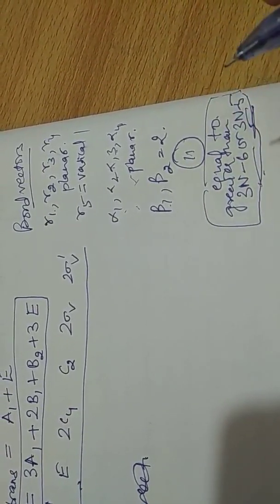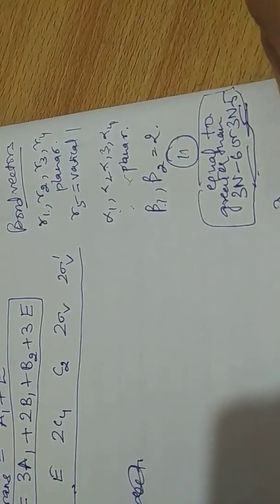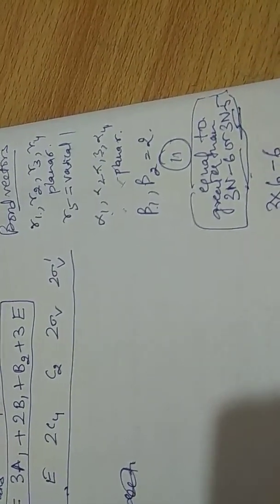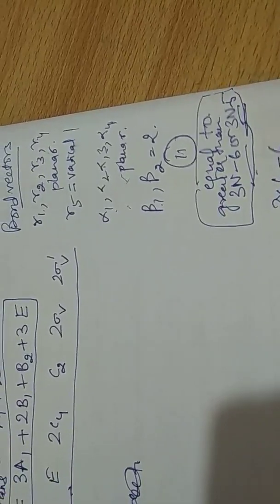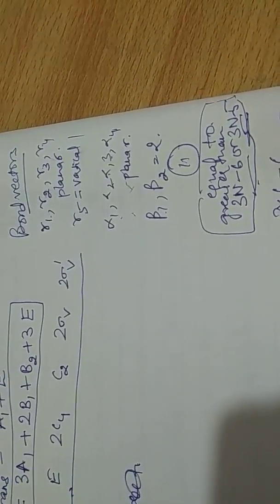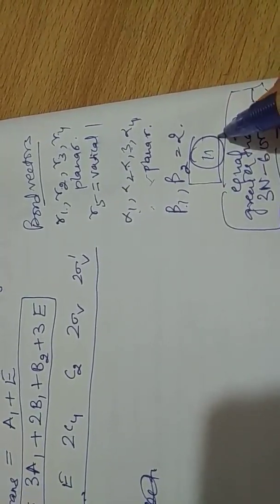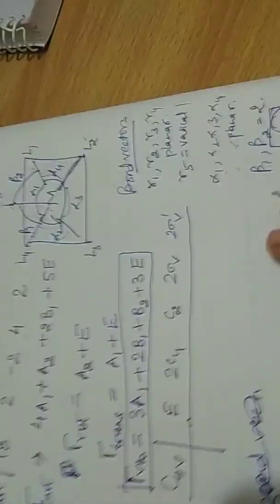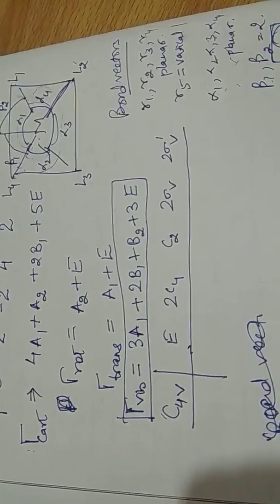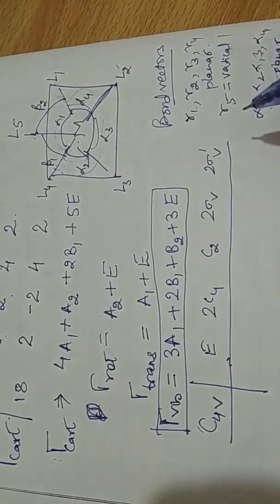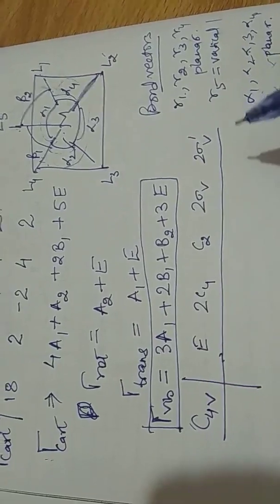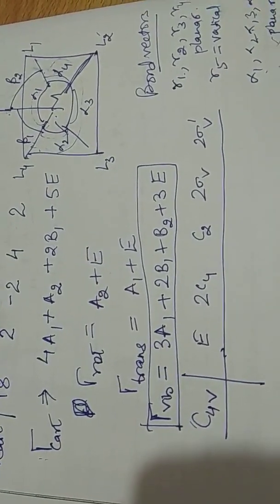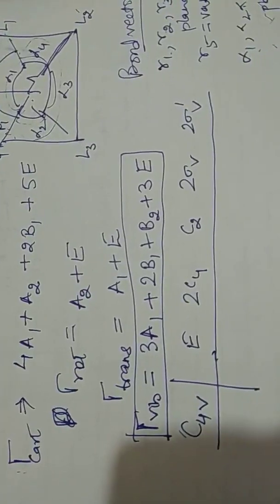Yes, 6 atoms are there. So 3 into 6 minus 6, 18 minus 6, that means 12 should come, right? But how many are we getting? 11. If it comes less than that, most of the time you get the spurious modes. So if you are getting like this, don't calculate using internal coordinates, in the exam also, unless asked to do so. Okay, so now let's do the calculation.